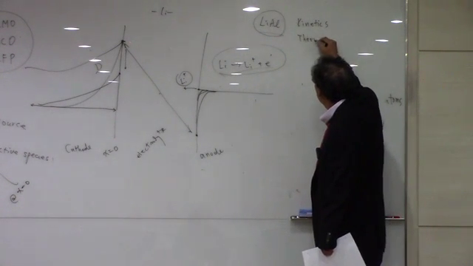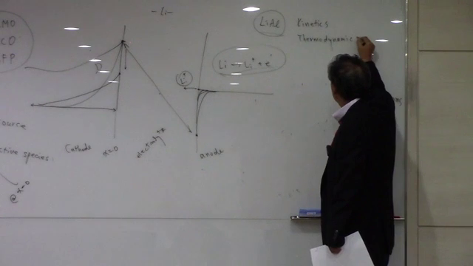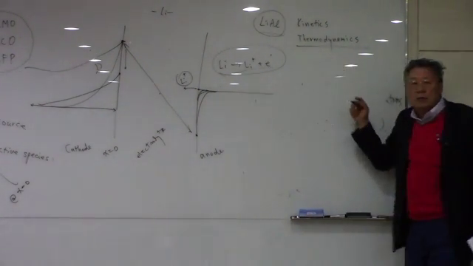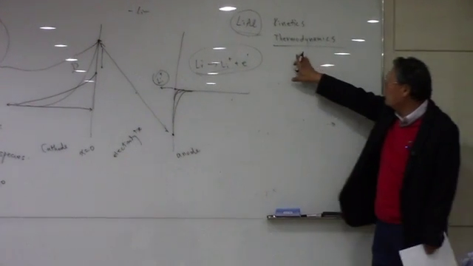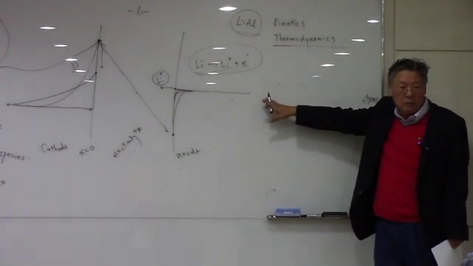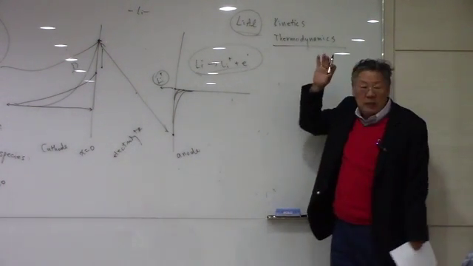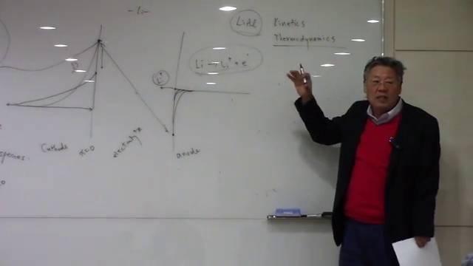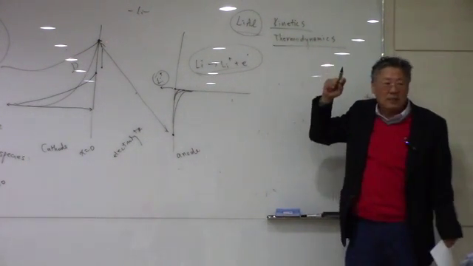So more dynamics. Even though the potential or the driving force is related to the thermodynamics of this system, the reaction speed, or whether the reaction can really take place or not, is determined by the kinetics.